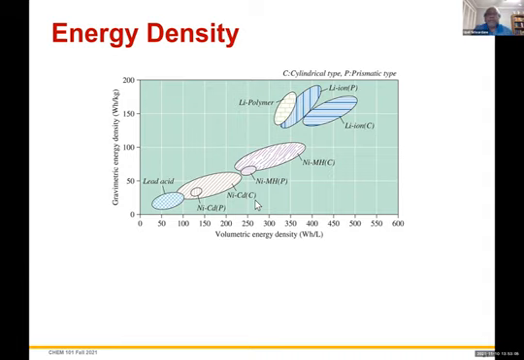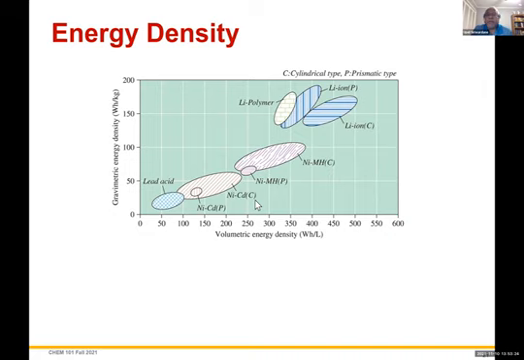The nickel cadmium batteries have low energy density, volume-wise and weight-wise. Gravimetric is weight, volumetric is volume.